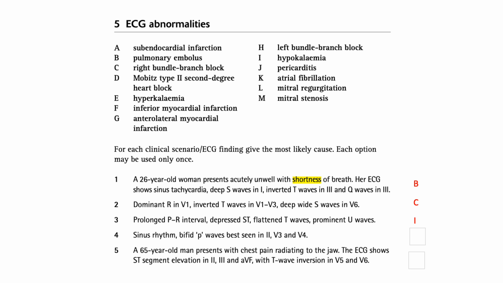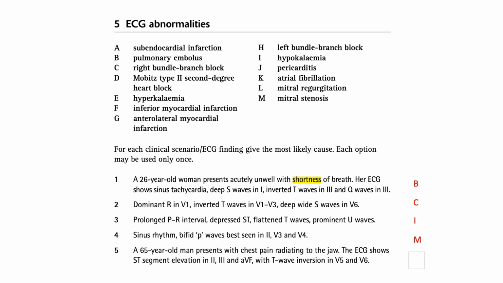I'll go through this in our murmur lecture as well, but given a bifid P wave comes from a thickened, hardened atrium, I think this is going to be stenosis, because what happens is you need to contract harder because there's more pressure. It's Poiseuille's law, where if you've got a smaller radius, there's less flow, more pressure. I really hope this is going to be mitral stenosis out of that long explanation.